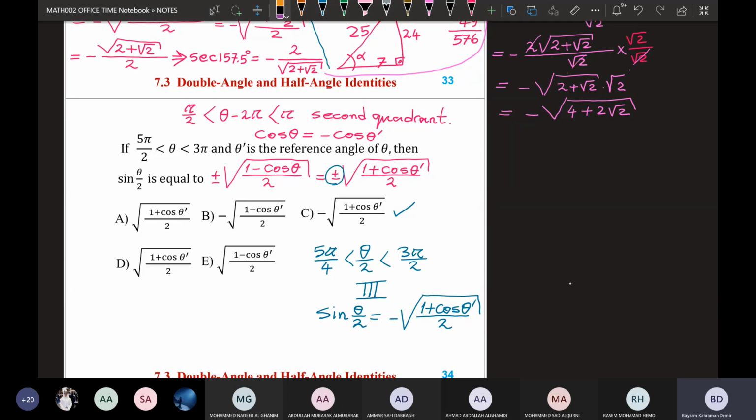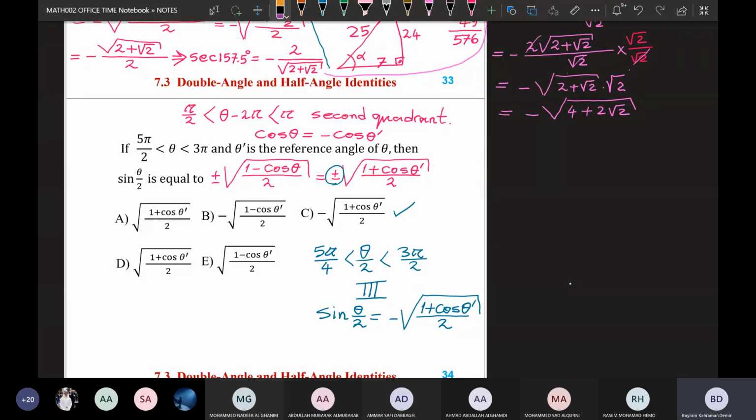Now we have theta between 5 pi over 2 and 3 pi. Well, it might be confusing to understand where the location is, Shabab. Theta is less than 3 pi but greater than 5 pi over 2, greater than 2 pi actually. So theta is more than one rotation. If I subtract 2 pi from theta, what do I get?